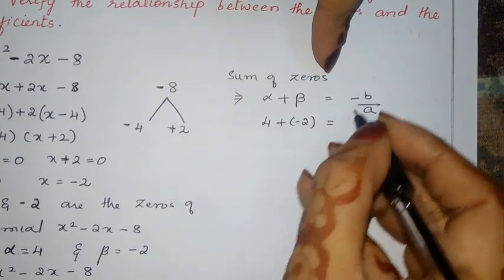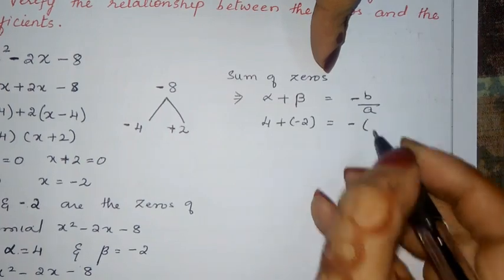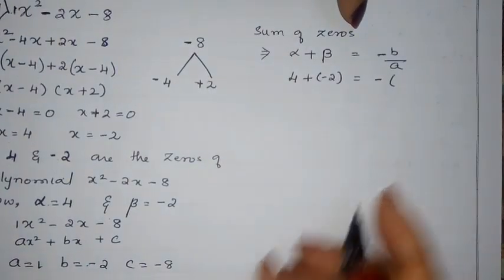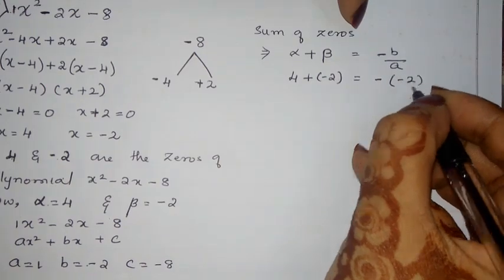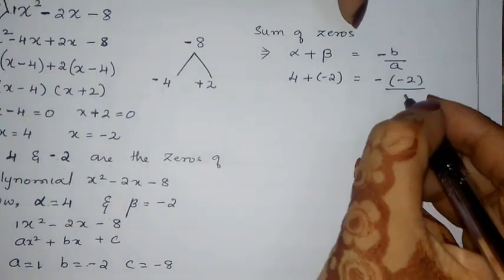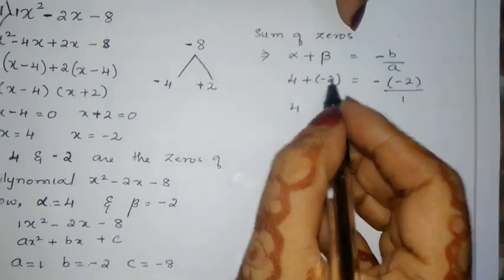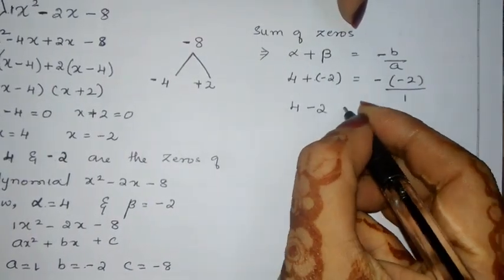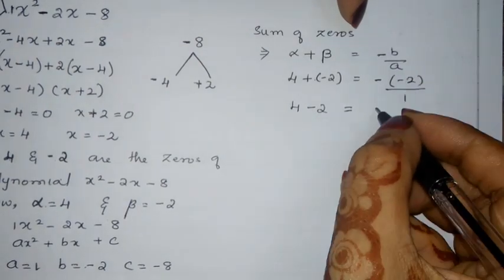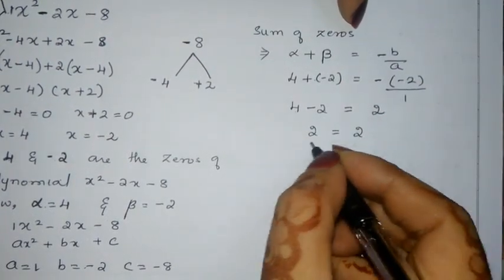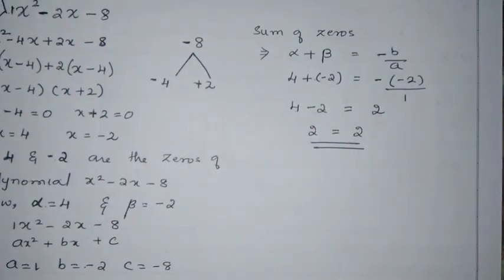And minus sign as it is, b value is minus 2, so I will write minus of minus 2, and the a value is 1. 4 plus minus 2 is 2, and minus of minus 2 is plus 2. So 2 equals 2 we got. So the sum of zeros is verified.